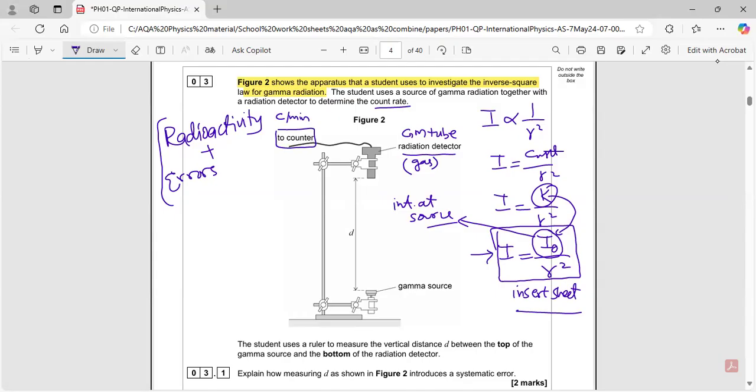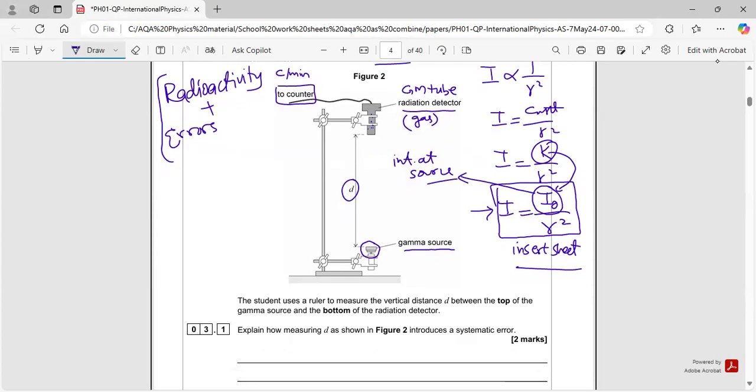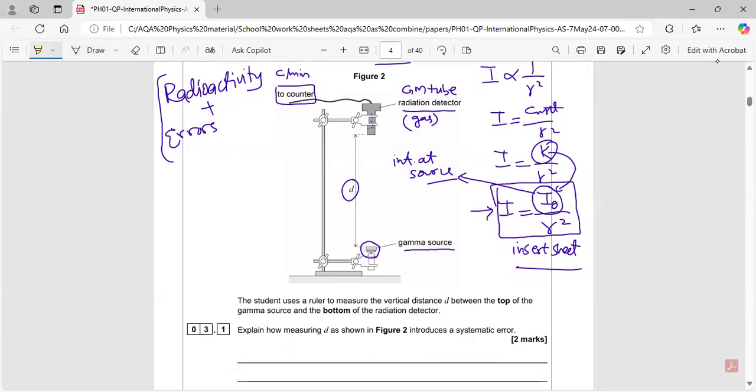Okay, so this is the gamma ray source, which is over there, and this is the detector. Of course, the detector is filled with the gas, and this is the distance between them. Okay, so what they're saying is that the student uses a ruler to measure the vertical distance d between the top of the gamma source and the bottom of the radioactive detector.